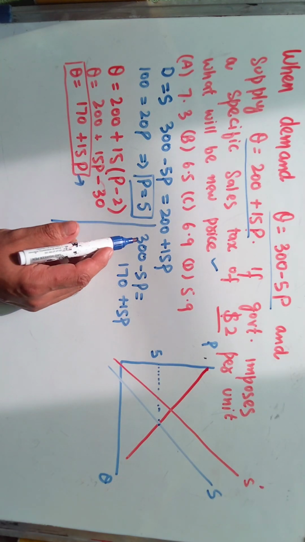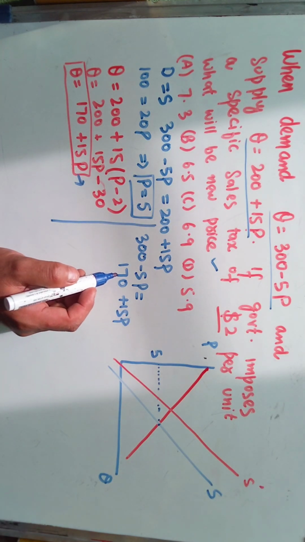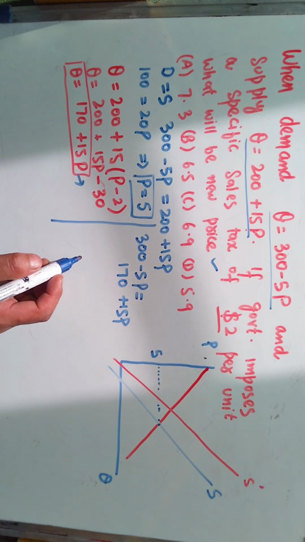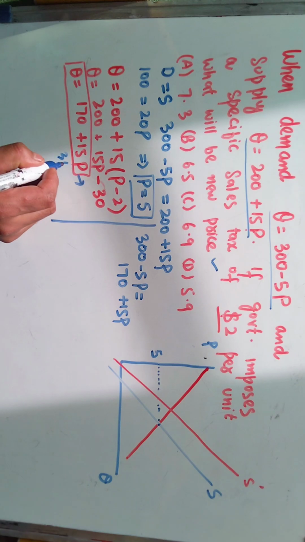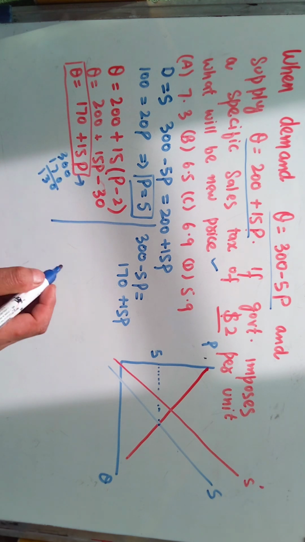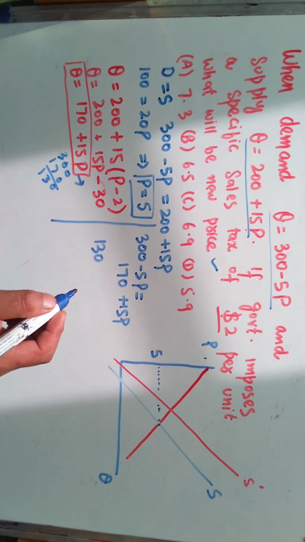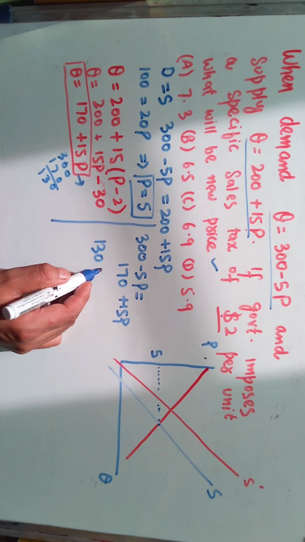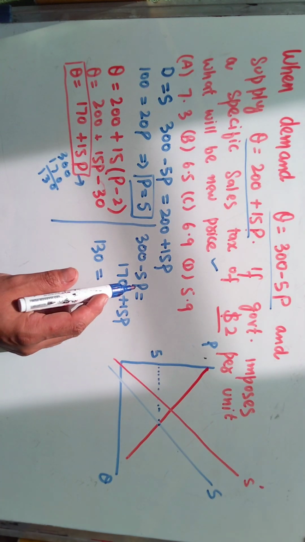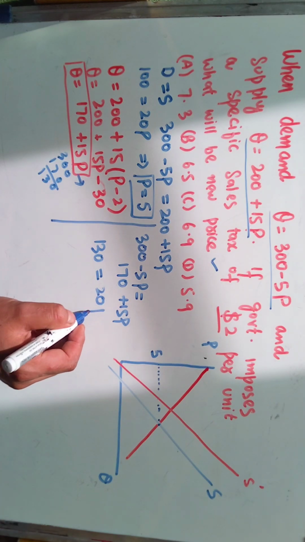So 300 - 170 is 130. So we get 130 is equal to 15P + 5P, which becomes 20P.